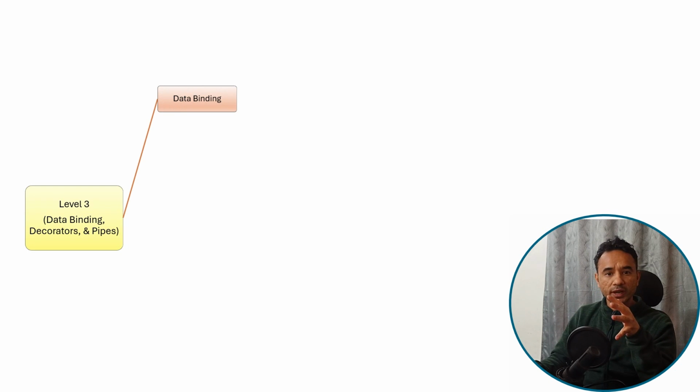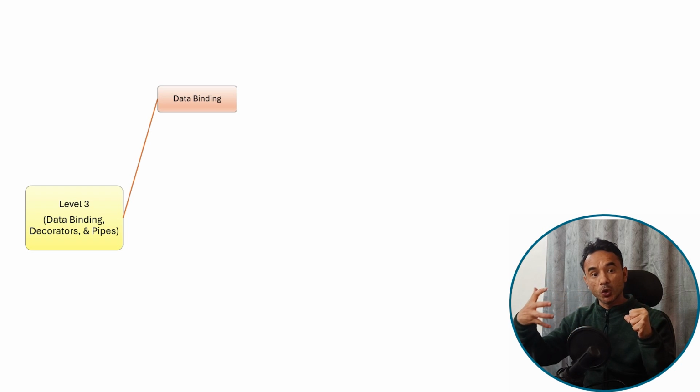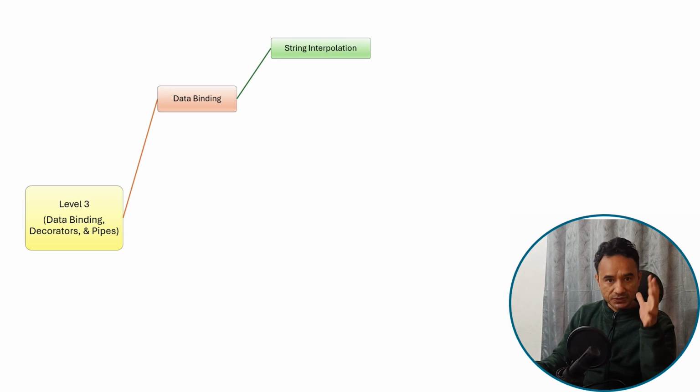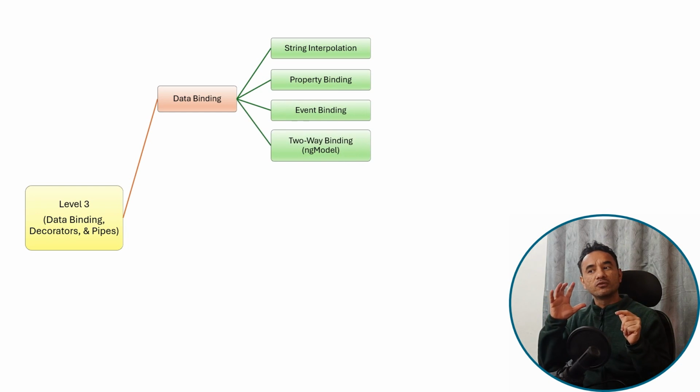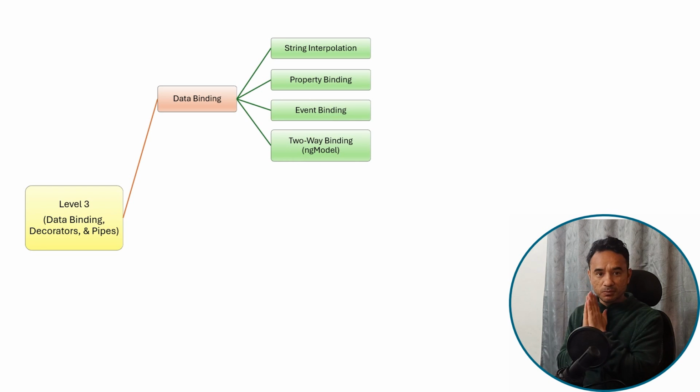This is how your Angular component talks to the DOM by using string interpolation inside the data binding, then property binding, then event binding, and of course the famous two-way binding with ngModel. Okay, so this is data binding main points.